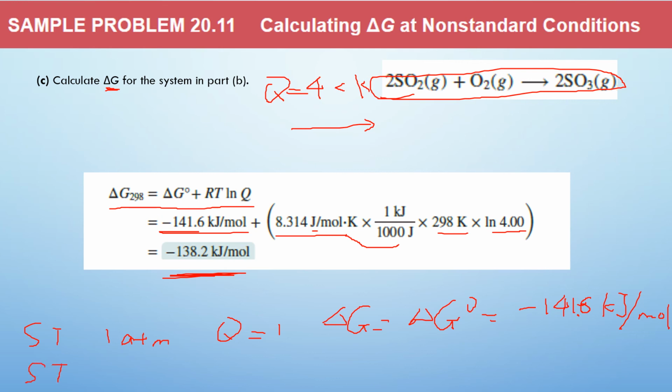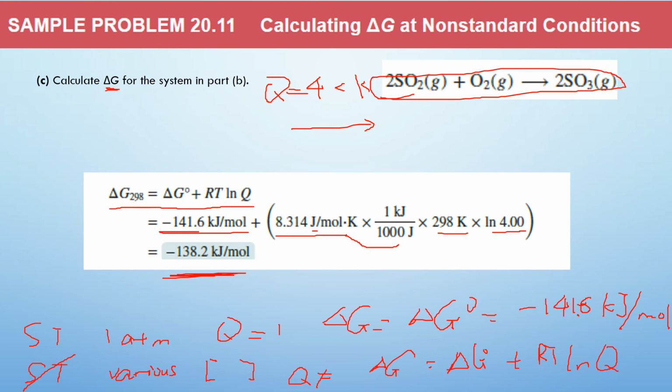If you don't have a standard state, you have various concentrations of each reactant and product. In that case Q is no longer equal to 1, which means your delta G is no longer equal to delta G naught. Your delta G will be equal to delta G naught plus RT times the natural log of Q, where Q is calculated based on the given concentrations of your reactants and products.